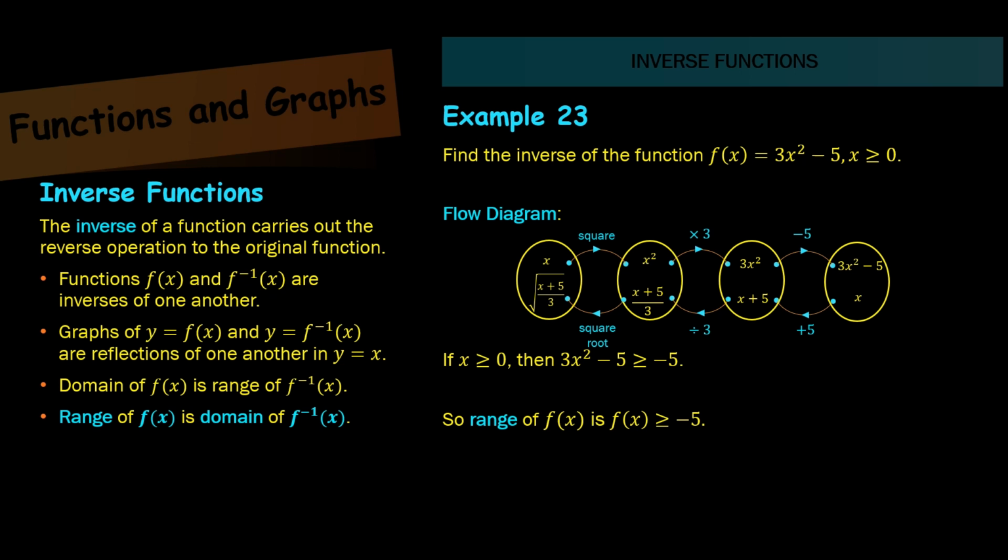And therefore, since the range of f of x is the same as the domain of f inverse of x, we have that the domain of f inverse of x is greater than or equal to minus 5. And therefore, f inverse of x equals the square root of x plus 5 over 3 for x greater than or equal to minus 5.